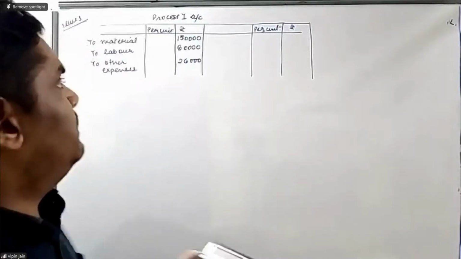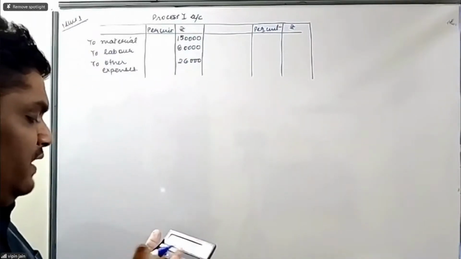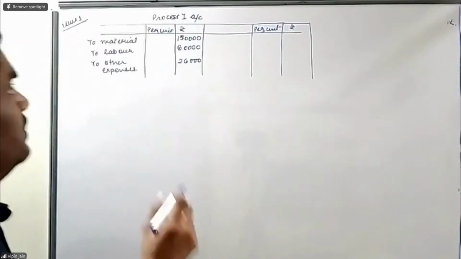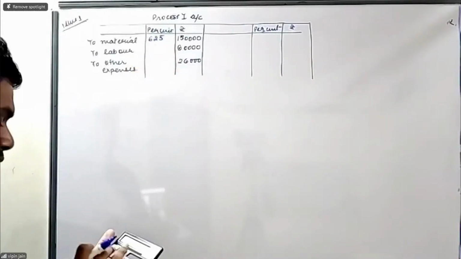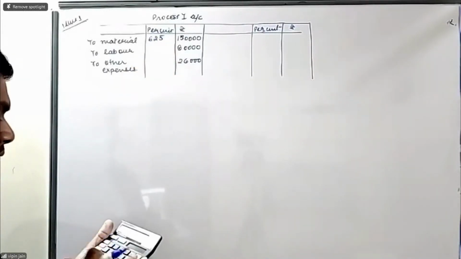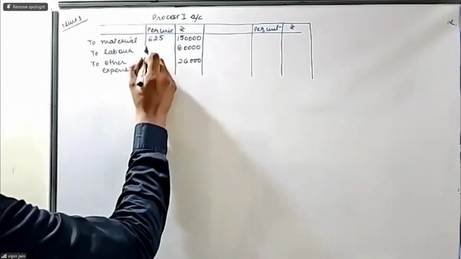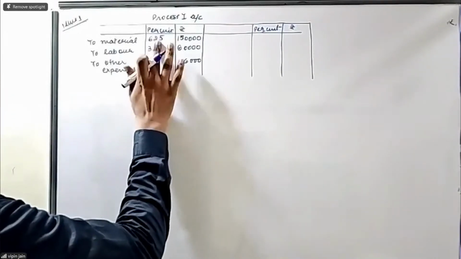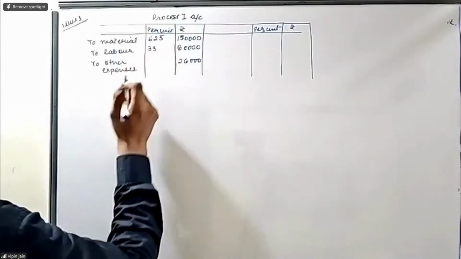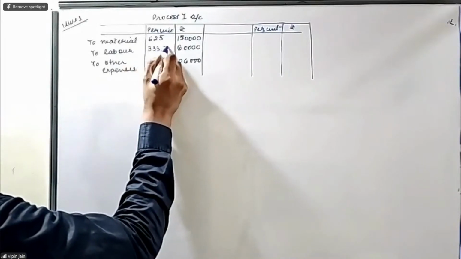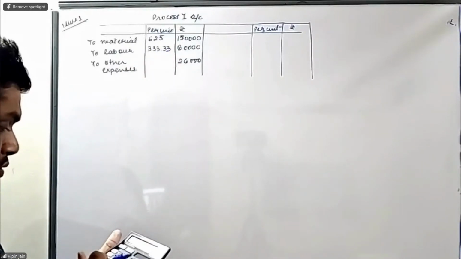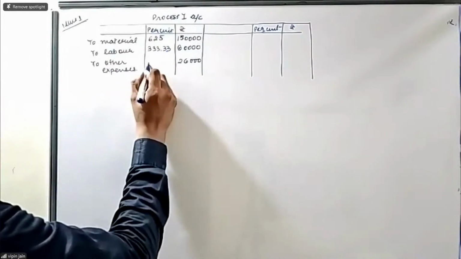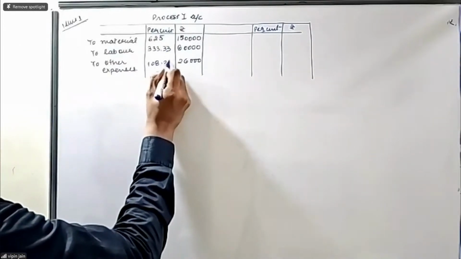We have to calculate the per unit cost also. So 1,50,000 divided by 240, this will be 625. 80,000 divided by 240, that is 333.33. This will be 108.33.